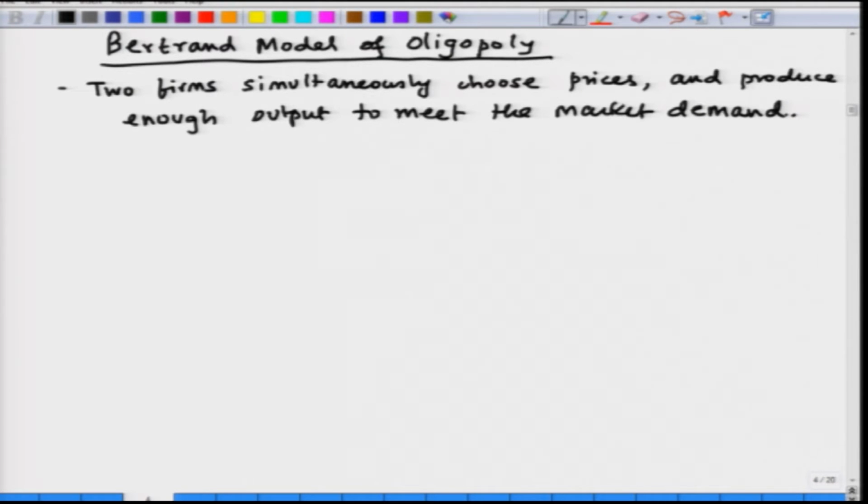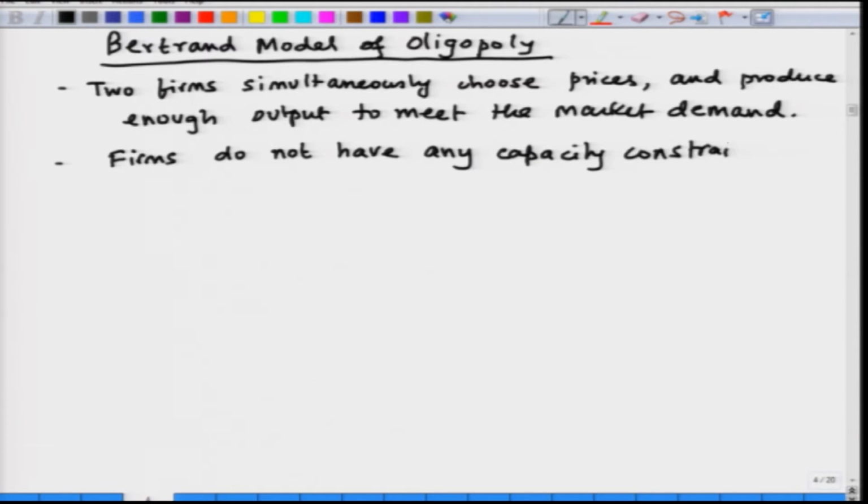For the moment we will also assume that the firms have no capacity constraints, which means whatever is the quantity that is demanded by the consumers, either of the firms can meet that entire market demand. Firms do not have any capacity constraint. We will relax this assumption later on and we will see how the predictions of the Bertrand model change when we remove this assumption of firms not having any capacity constraint.